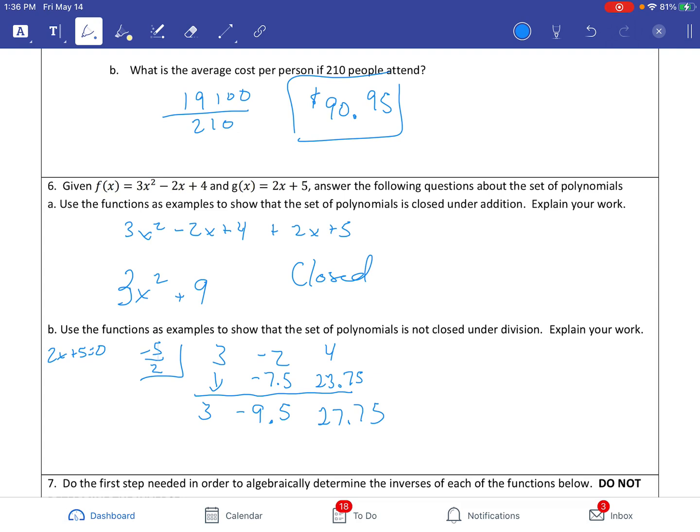Okay, so technically we're supposed to take 3 and divide it by 5 over 2. In our calculator we get 1.2. Then we get negative 9.5 divided by 5 over 2.